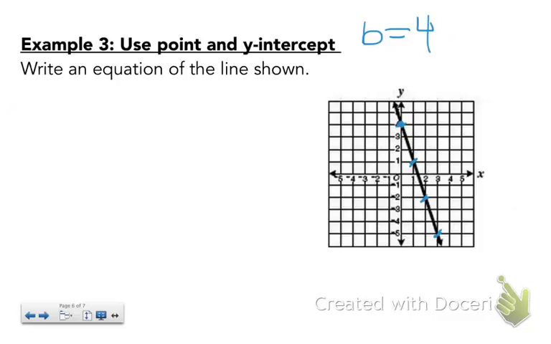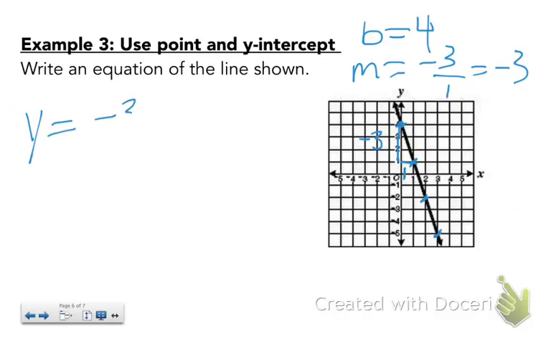Now again I'm going to count rise over run, so down 1, 2, 3. Remember I write that as -3, and to the right 1, so that's a +1. So my slope is -3/1, which is just -3. So I get y equals -3x plus 4.